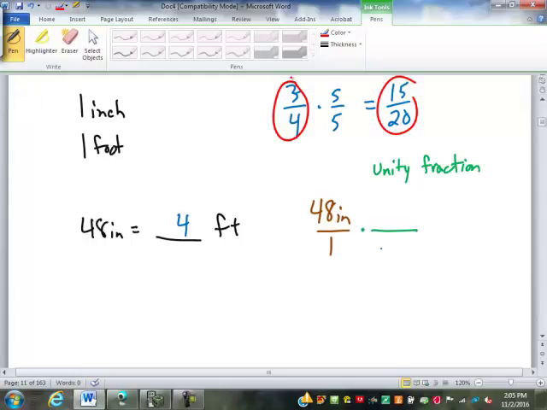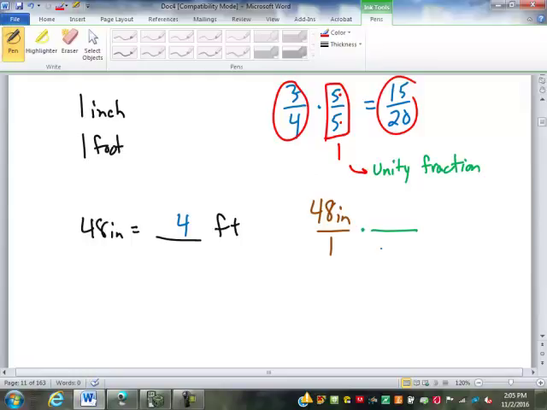And the reason we were able to do that is 5 over 5 is equal to 1. The numerator and the denominator have the same value, and that is what we call a unity fraction. It's equal to 1 because the numerator and denominator have the same value.